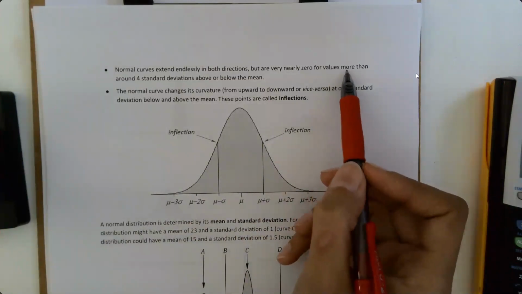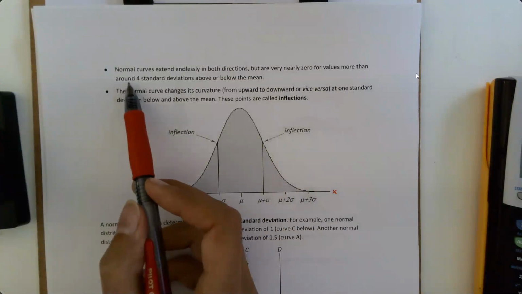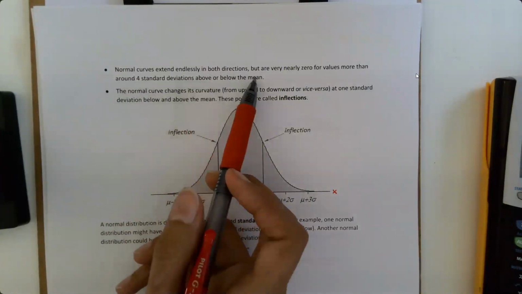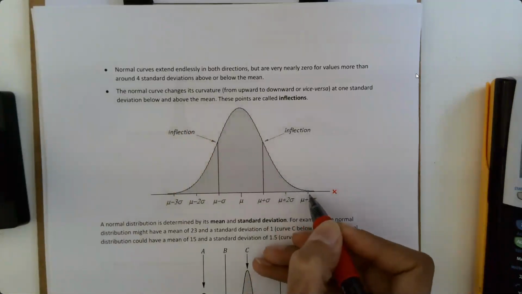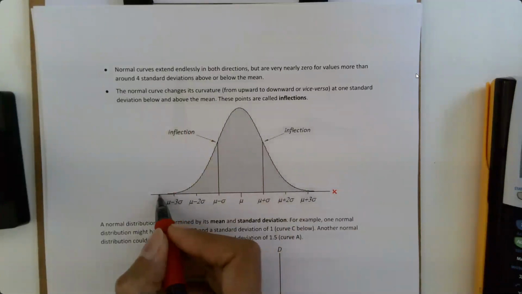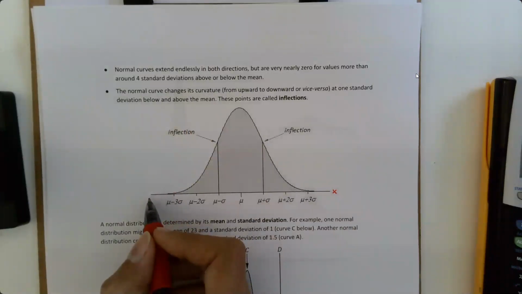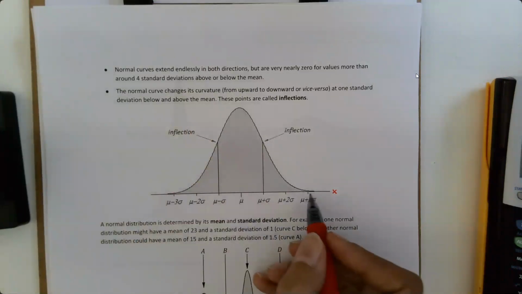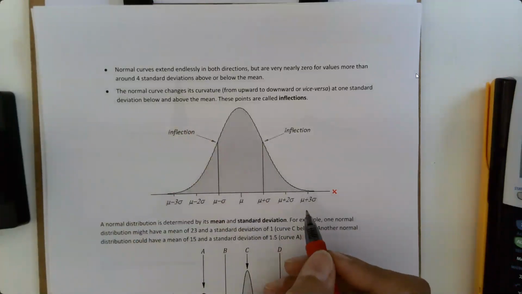For values around 4 standard deviations above or below the mean, the curve almost touches the x-axis. It's never crossing these two lines.